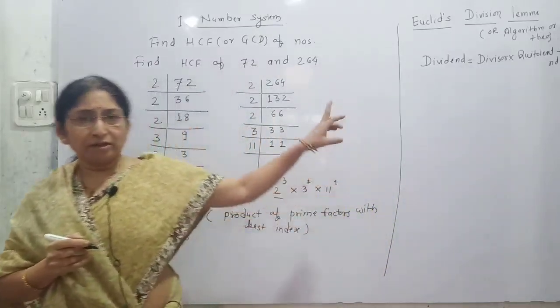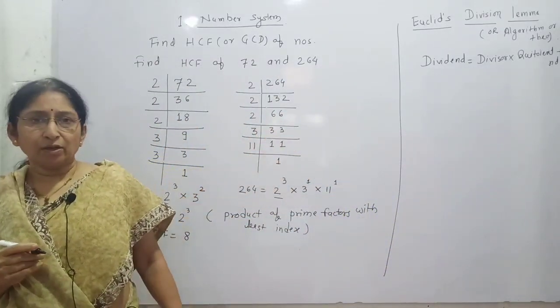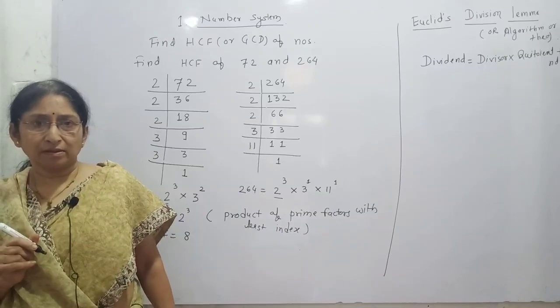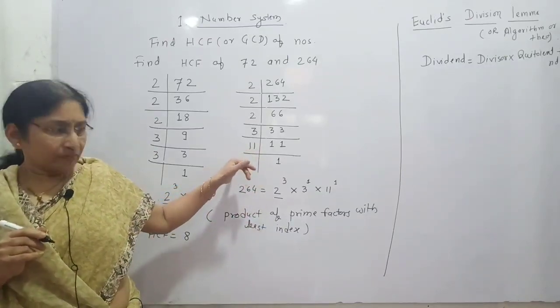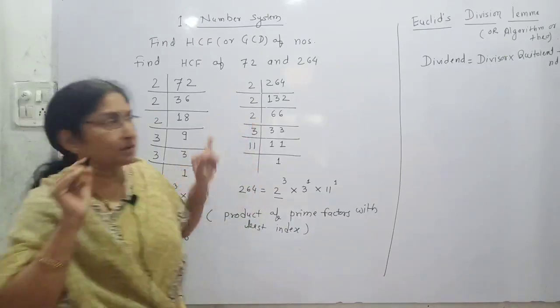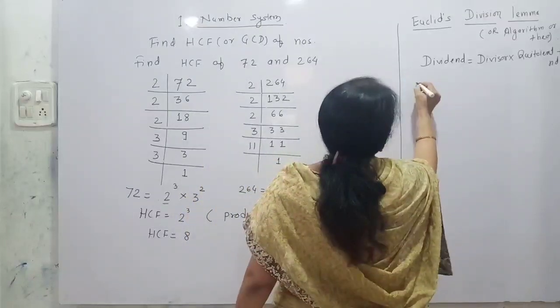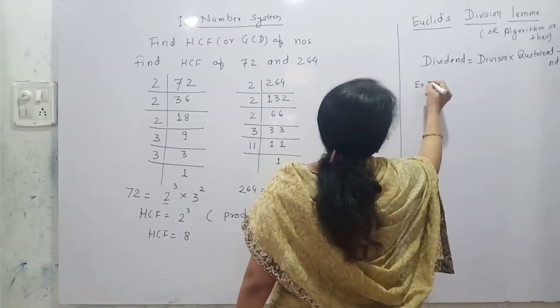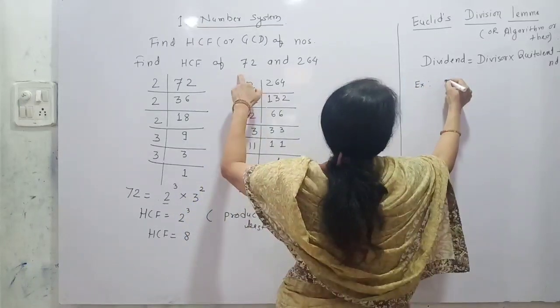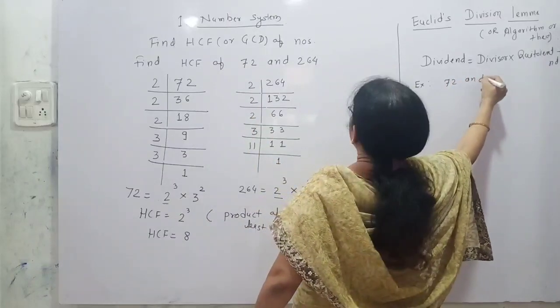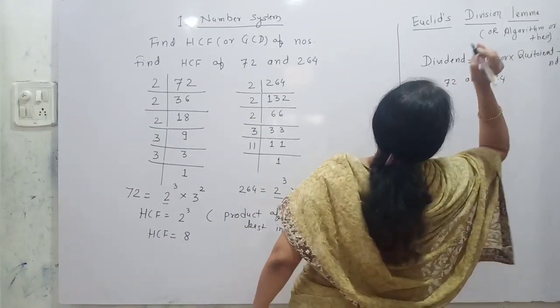Dividend is equal to divisor multiplied by quotient plus remainder. Now we will take the same example, 72 and 264.